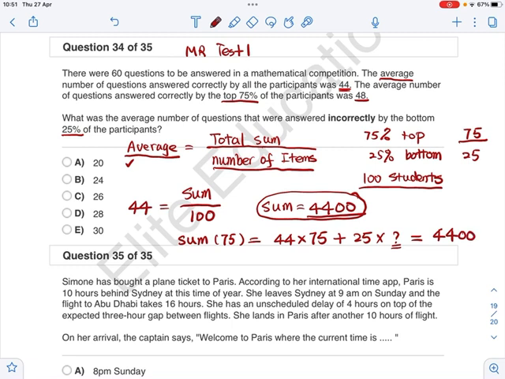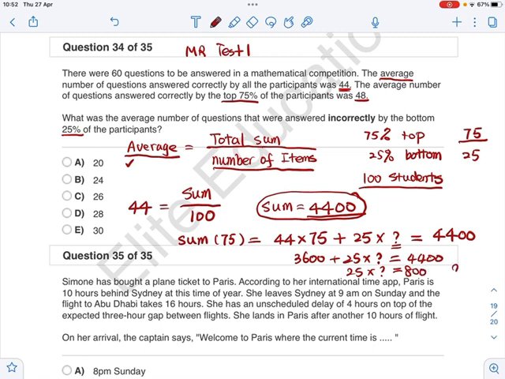Now things are getting very clear. We know 48 times 75, if you calculate, is 3,600, and then plus 25 times the correct answers by these 25 students equals 4,400. So 25 times the question mark is going to be equal to 800.